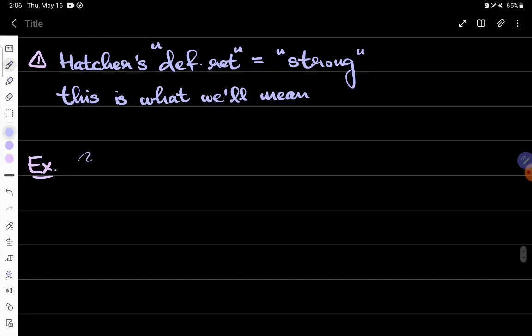We are going to let X be the n-dimensional unit sphere, Sn, as a subspace of R^(n+1).